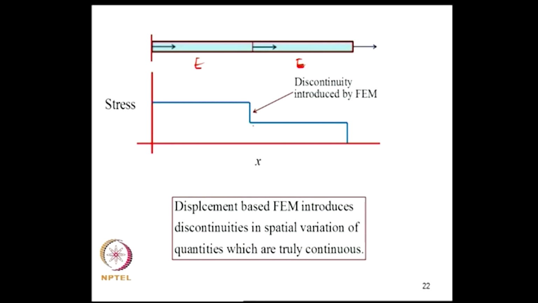So this is one of the limitations of finite element method, that the approach that we have used, the displacement based finite element method, actually introduces discontinuities in spatial variation of quantities which are truly continuous.